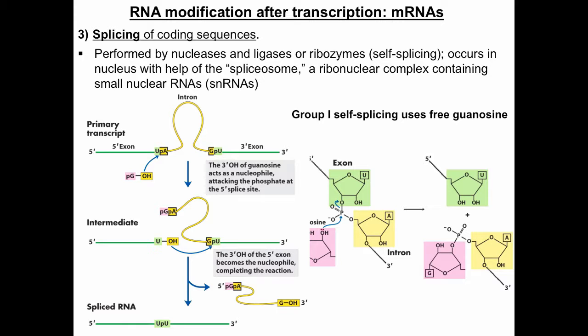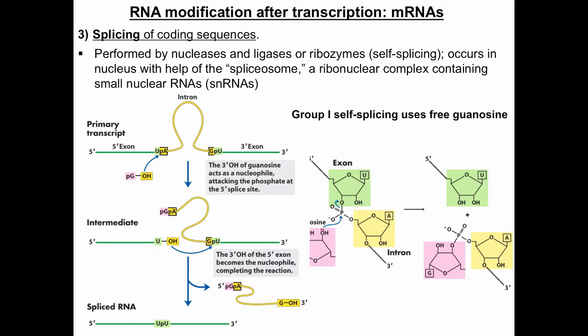Some RNAs that become spliced are self-splicing, they are self-catalytic. Whereas some RNAs are not self-splicing, and they require what's called the spliceosome, a huge ribonuclear complex composed of proteins and small nuclear RNAs that help to catalyze the splicing reaction.